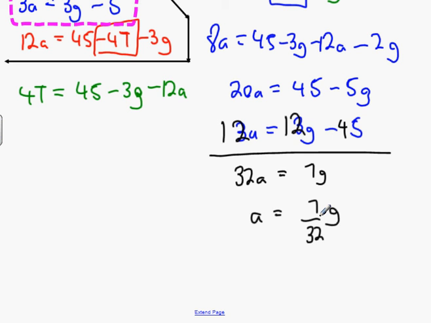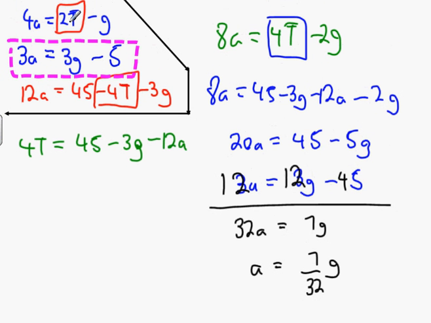Okay, once I get that, I have to find the tension in each string. To find the tension in each string, I'm just going to do it this way, okay? So, using this equation here, I'm going to say that 2T equals 4A plus G. Not minus, I'm getting it wrong.